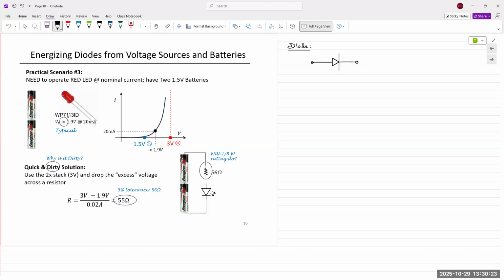It has two terminals, A for anode and K for cathode. The name diode comes from the fact that it has two terminals, but it actually derives its name from vacuum tube diodes.